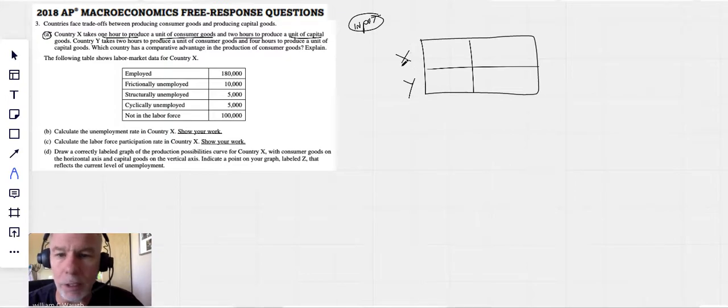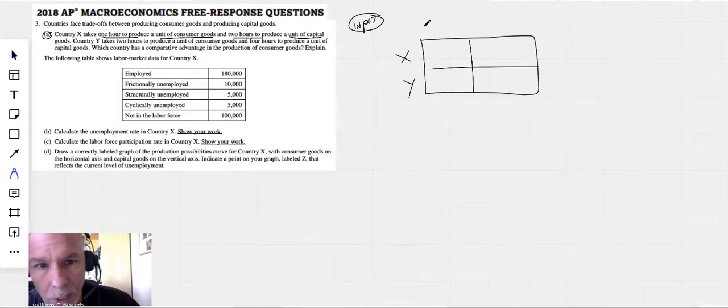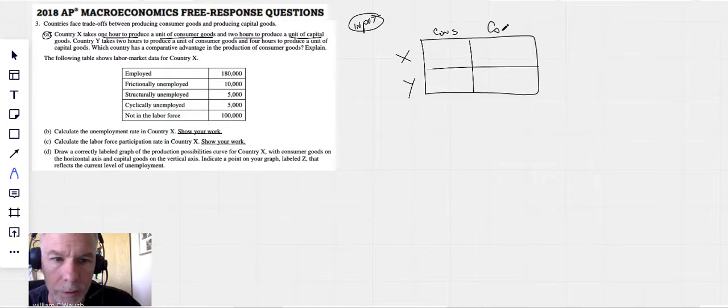I'm going to put the countries or the people on the left, and I'm going to do goods on the top. So I'll do consumer goods here, capital goods here, right? So 1 hour to produce a consumer good, 2 hours to produce capital.